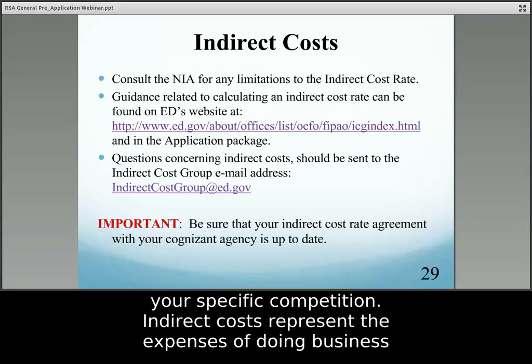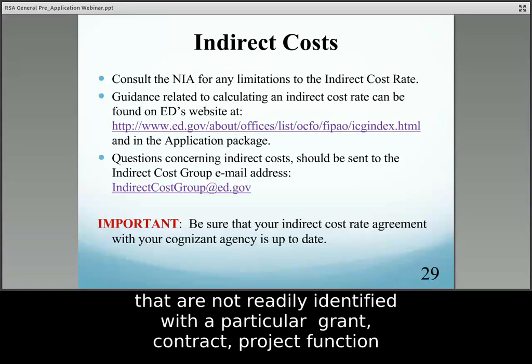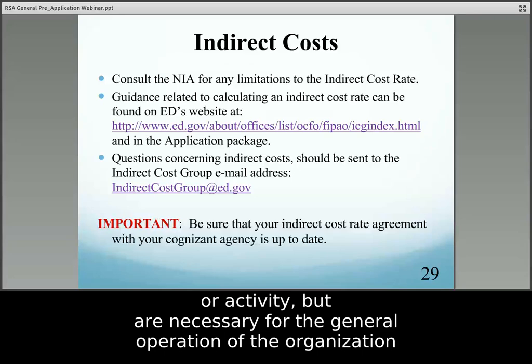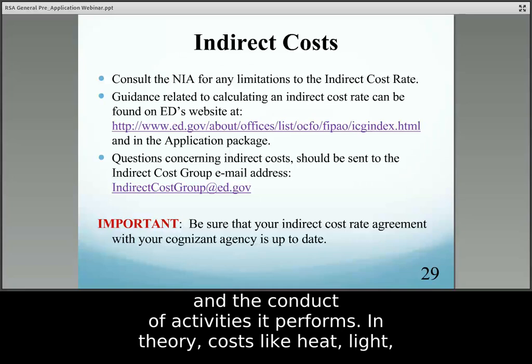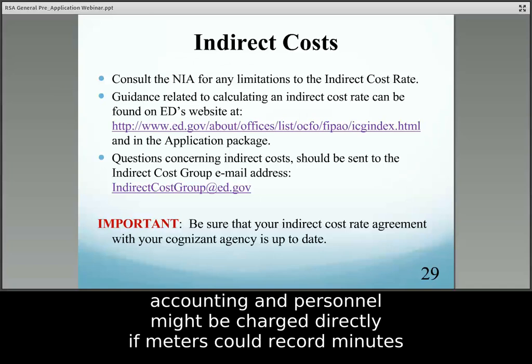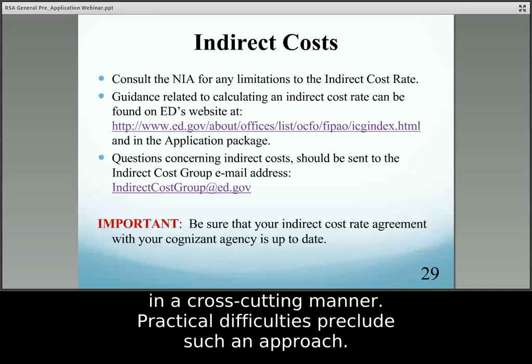Indirect costs represent the expenses of doing business that are not readily identified with a particular grant, contract, project function, or activity, but are necessary for the general operation of the organization and the conduct of activities it performs. In theory, costs like heat, light, accounting, and personnel might be charged directly if meters could record minutes in a cross-cutting manner.